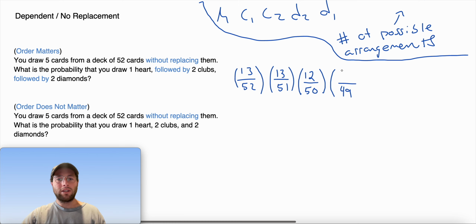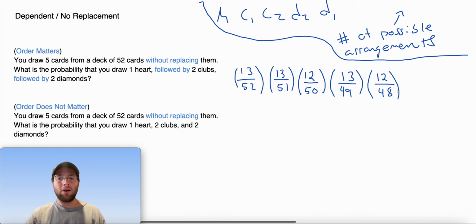And there are 13 diamonds still in the deck. And so we have that. And then we didn't put the diamond back in, so there are 12 diamonds now out of 48 cards. And that right there will be the probability for that case.